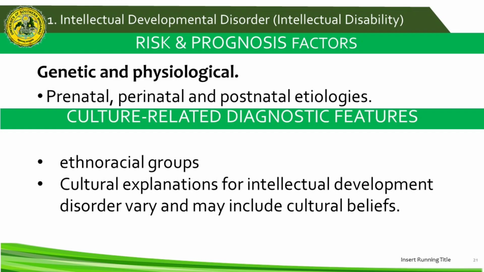For the culture-related diagnostic issues, intellectual developmental disorders occur across ethno-racial groups. So sa DSM-5, imbis na ethno-racial groups, ang nakalagay is all races and cultures. So cultural sensitivity and knowledge of socio-structural conditions are needed during assessment. And cultural explanations for intellectual developmental disorder vary and may include cultural beliefs.